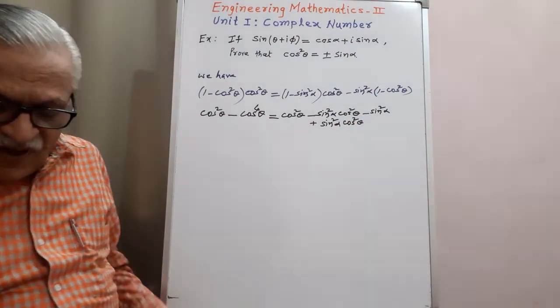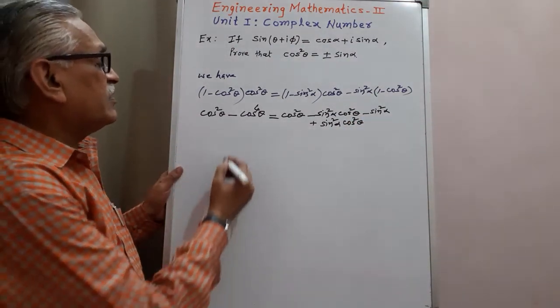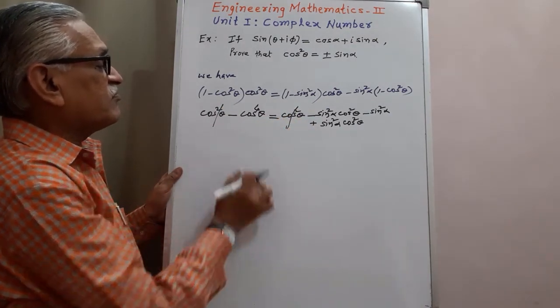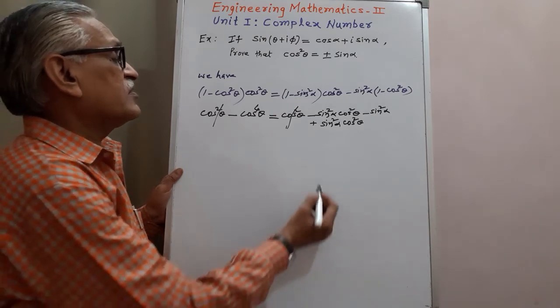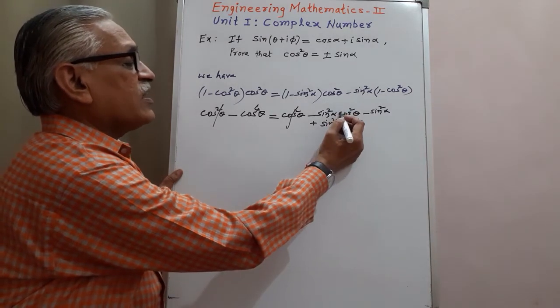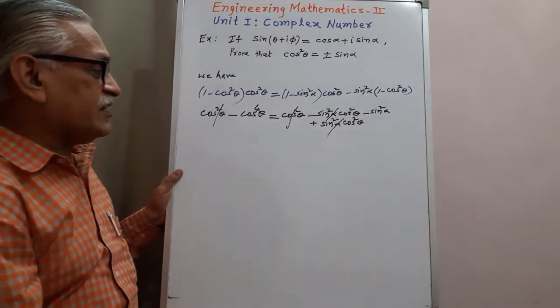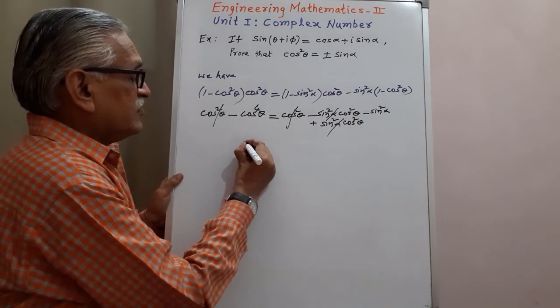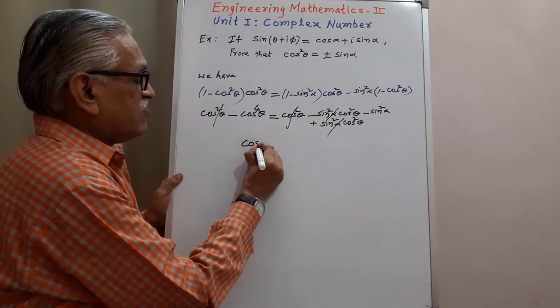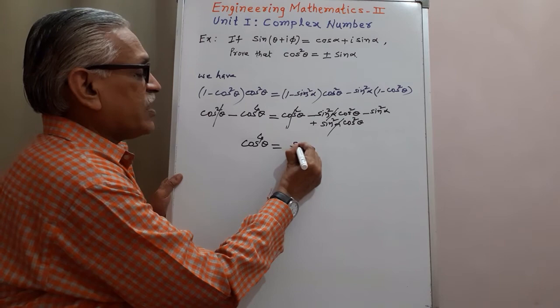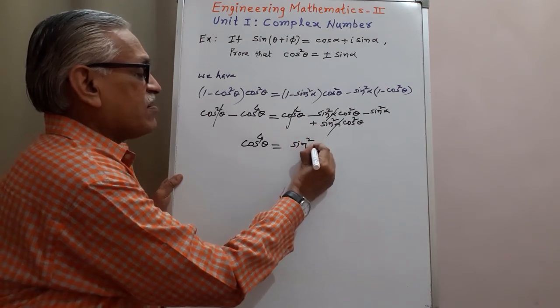And then simplifying it, this cos²θ cancels with cos²θ, minus sin²α cancels with this sin²α cos²θ, and therefore we have cos⁴θ is equal to sin²α.